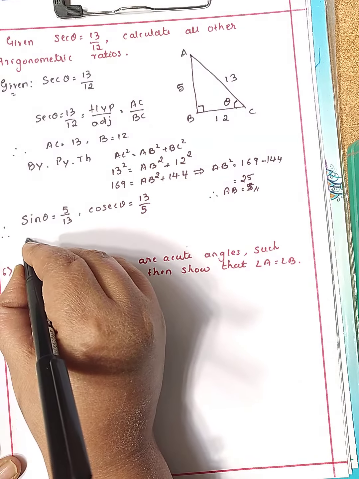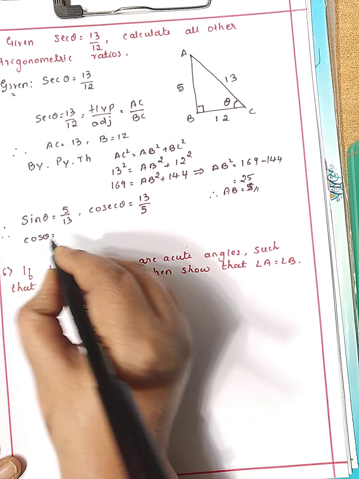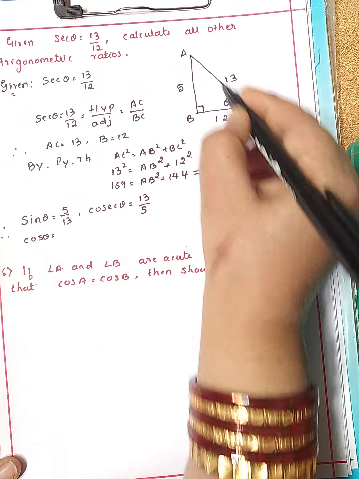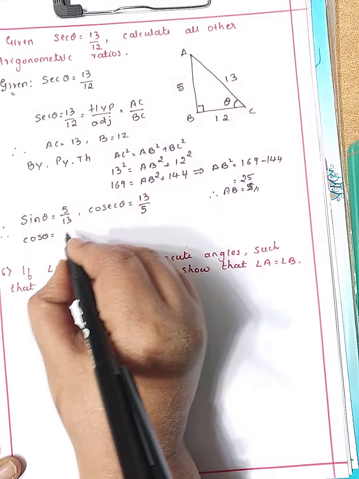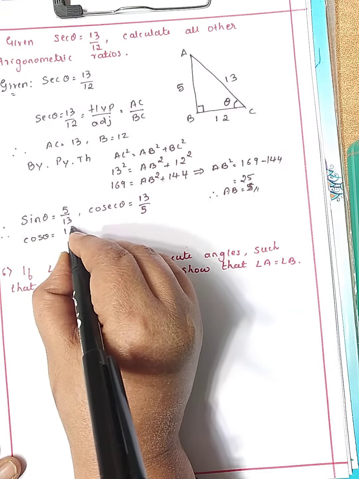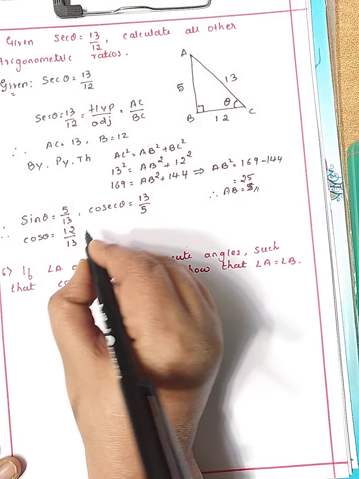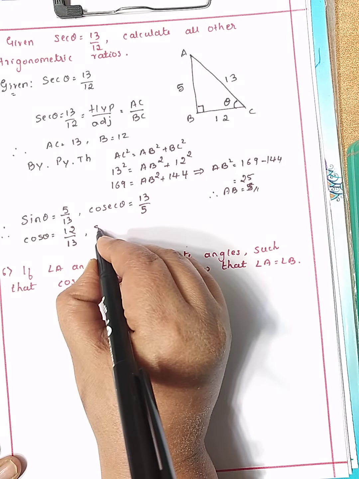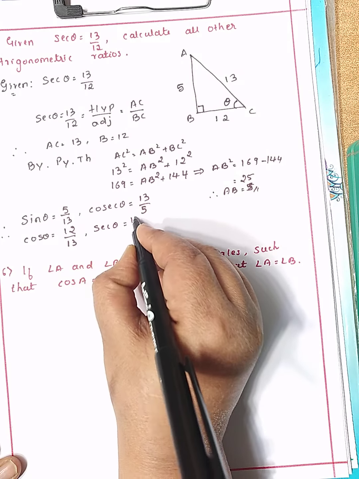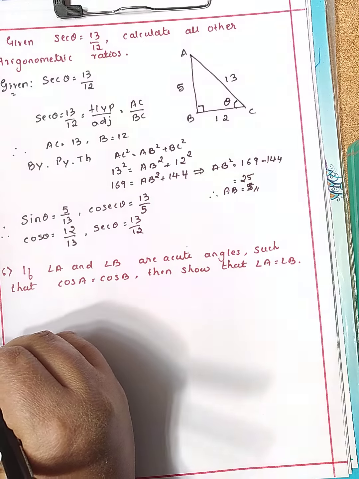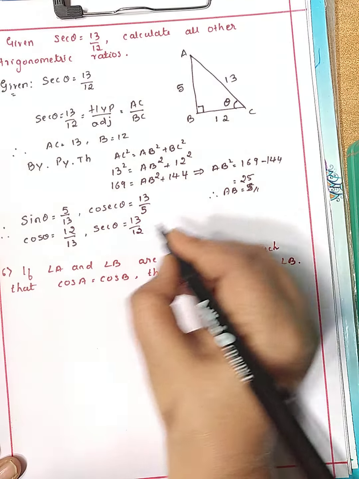Then cos theta. Cos theta is adjacent by hypotenuse. Adjacent is 12 and hypotenuse is 13. Sec theta is given there, 13 by 12. Next is tan theta.